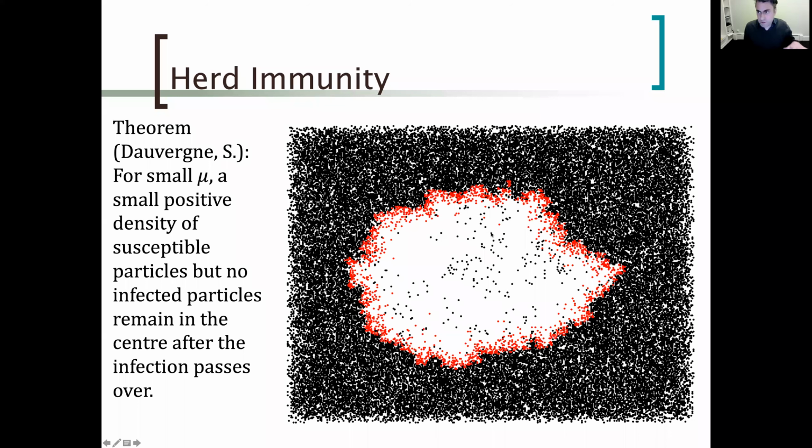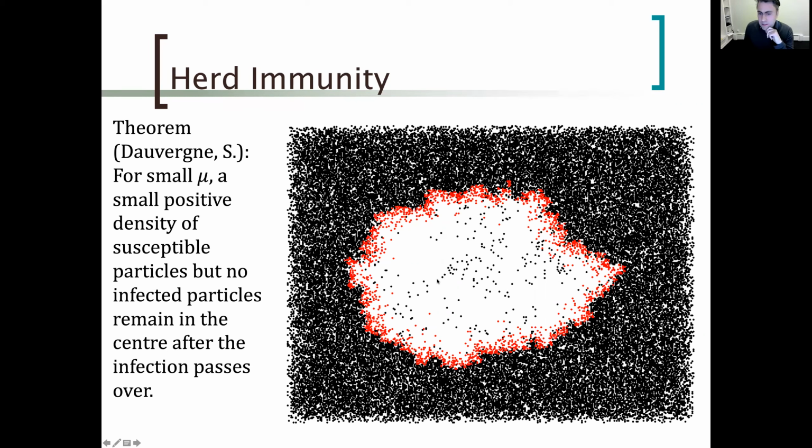These are the ones that managed to socially distance their way through as the infection front came. They avoided getting infected, then the infection front moved past them. Soon there are very few infected particles around, and so they just manage to survive and be susceptible forever after that.